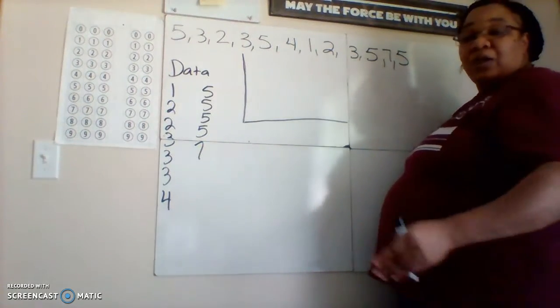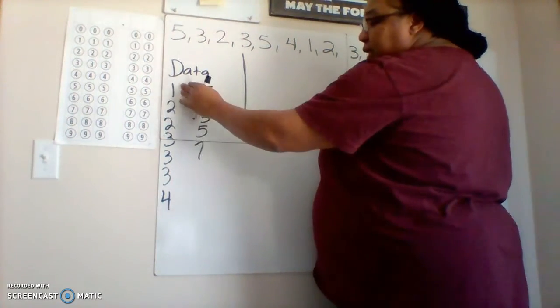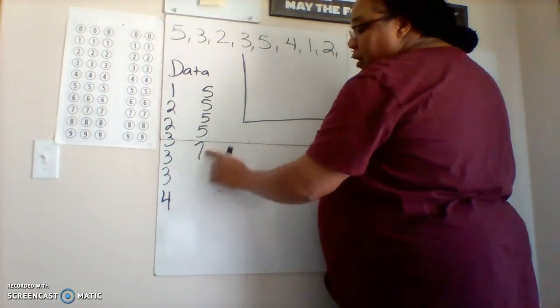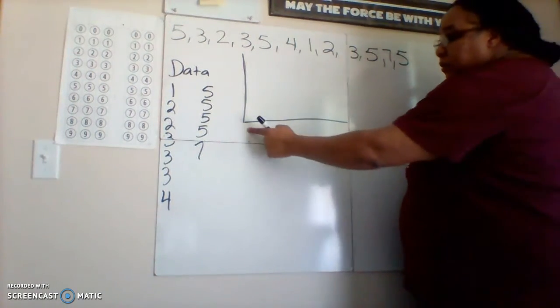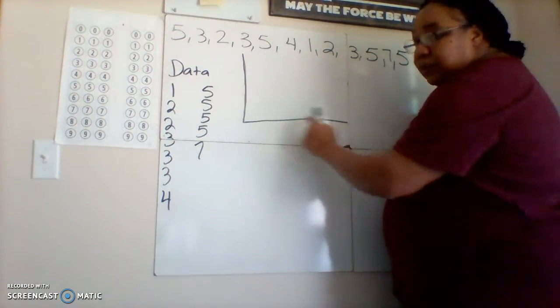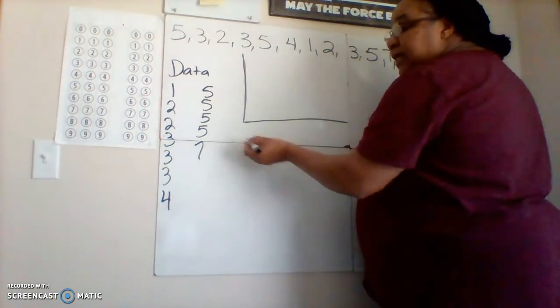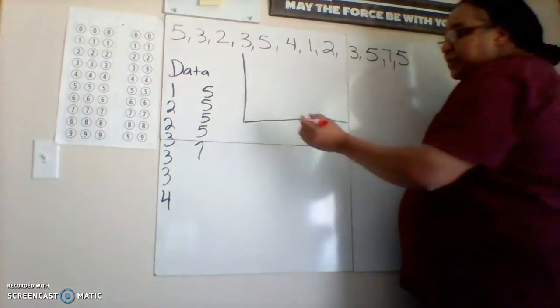So I need to find out what range of numbers I have. I'm looking at my data set. My numbers are ranging from 1 all the way to 7. So I'm going to put markers down here and create numbers from 1 to 7. Let's go ahead and start doing that. I'm going to use a different color marker so you guys can better see it.